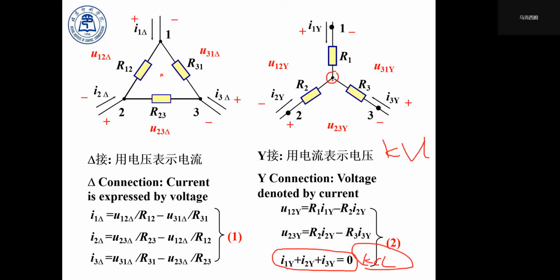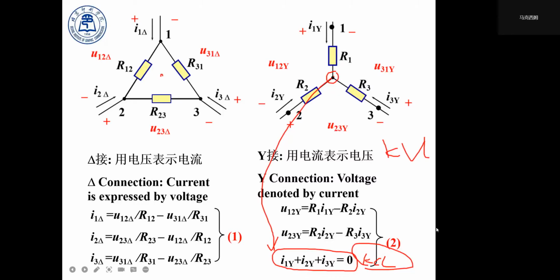So we apply KCL to this point, then we reach this equation. So now we have two sets of equations to describe the relationship between the terminal currents and the voltage between two terminals. We have to make sure after the transformation, the corresponding current and the corresponding voltage remain the same.